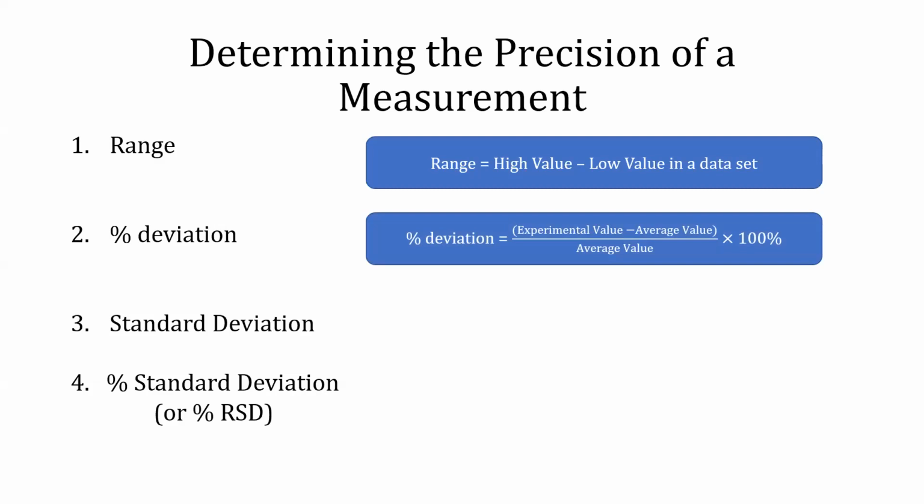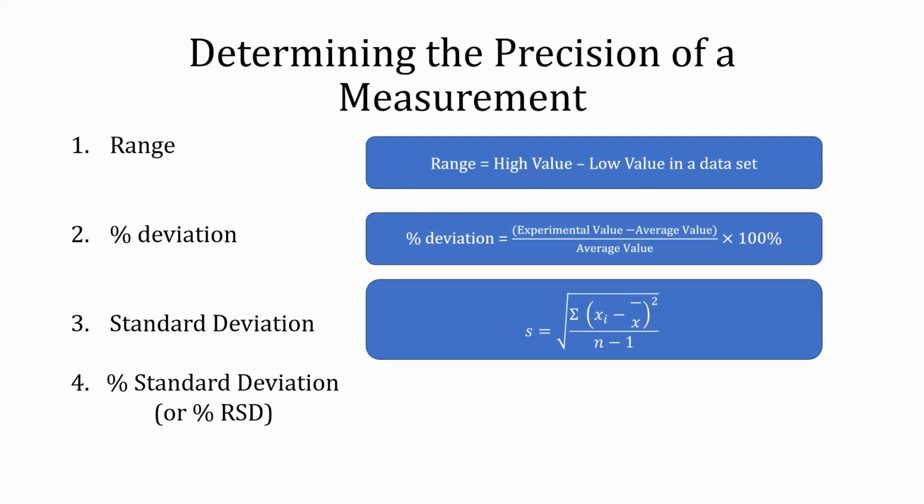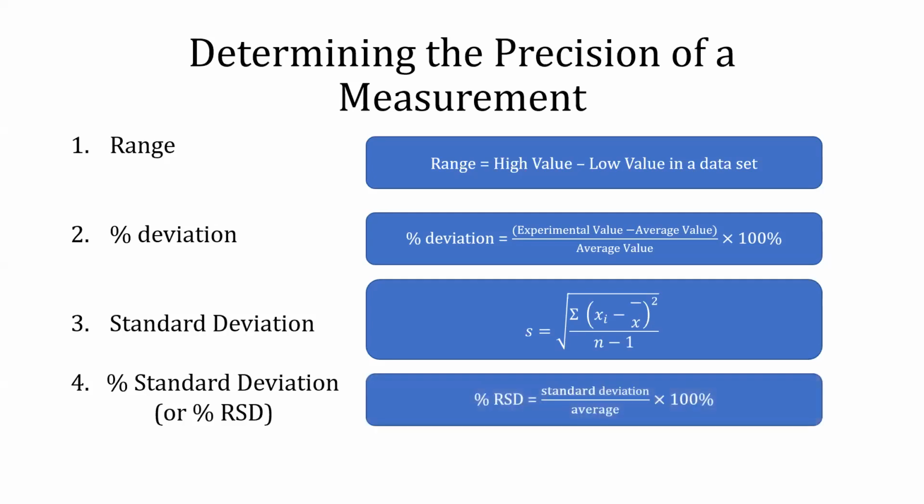Standard deviation is S equals the square root of the sum of (xi minus the mean of the data set) squared, divided by n minus 1. 4. Percent standard deviation, or percent RSD, relative standard deviation, equals standard deviation divided by the average or mean times 100%.